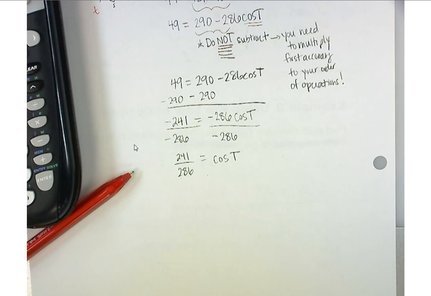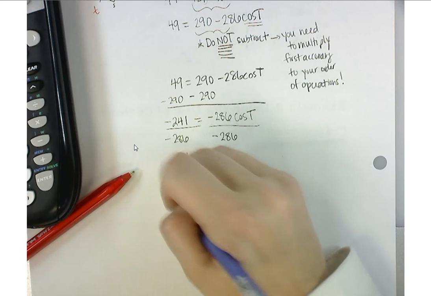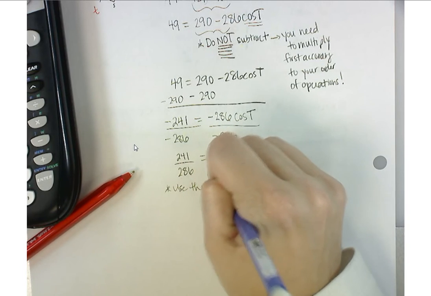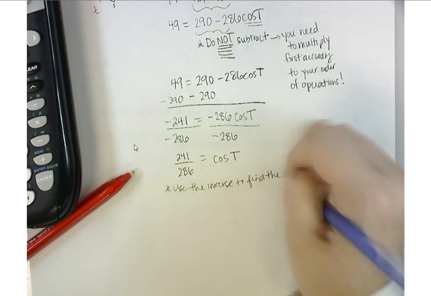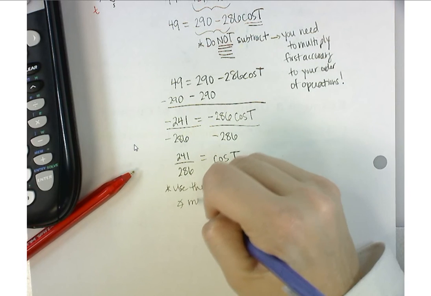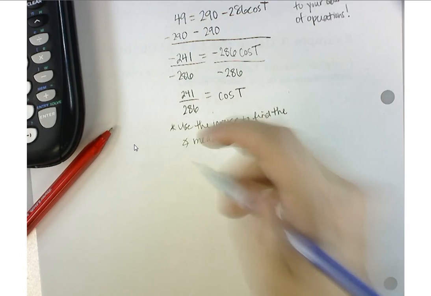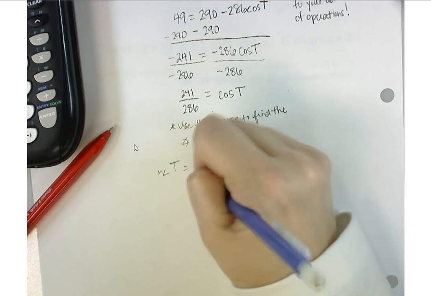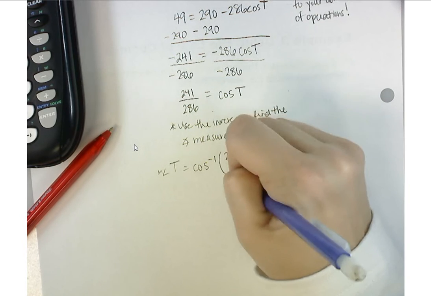Now that I've found the cosine of t, we have to use the inverse to find the angle measure. So the measure of angle t is going to equal the inverse cosine of 241 divided by 286.